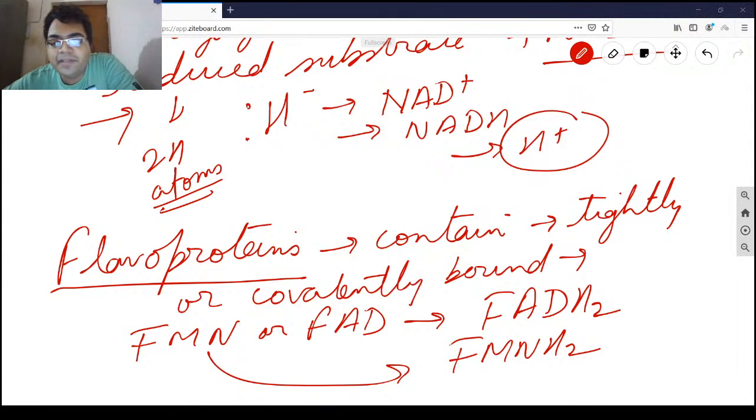So these are also great electron acceptors, just like your NADH. Now I'll tell you how the electrons pass through a series of membrane bound carriers. It means there are multiple small molecules which are also bound to the membrane, and electrons go through the carriers.